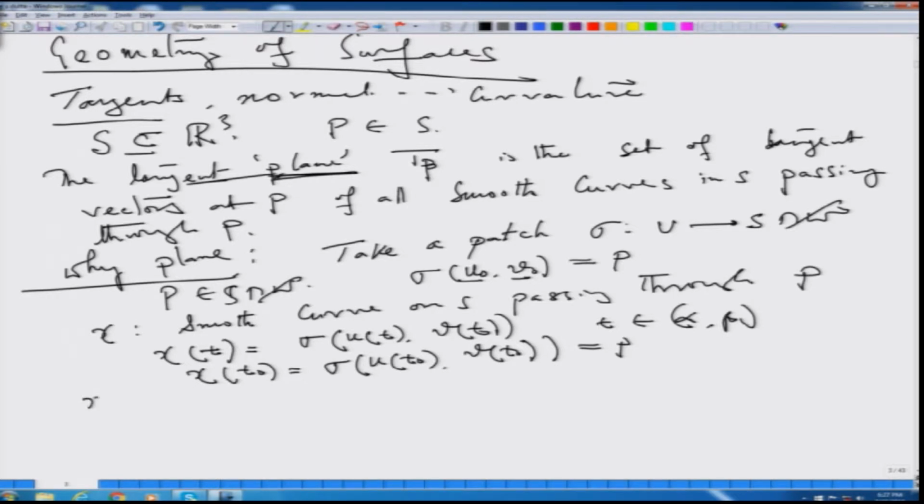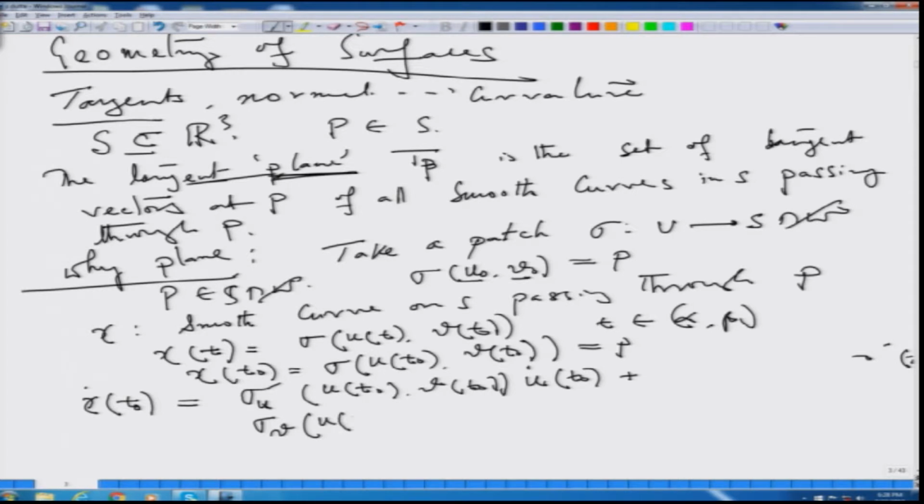Now, I am looking at the tangent to that curve gamma. So, that is gamma dot t, right. We have done it for the curves. What will that be? I apply the chain rule: partial derivative of sigma with respect to u at u(t naught), v(t naught), times u dot at t naught, plus partial derivative of sigma with respect to v at u(t naught), v(t naught), times v dot at t naught, correct.